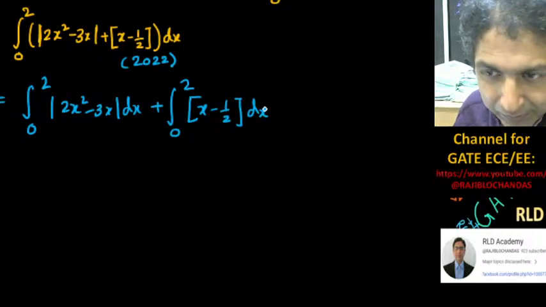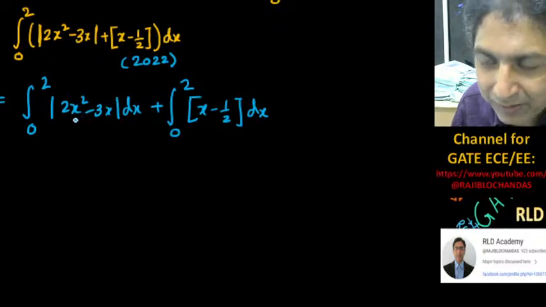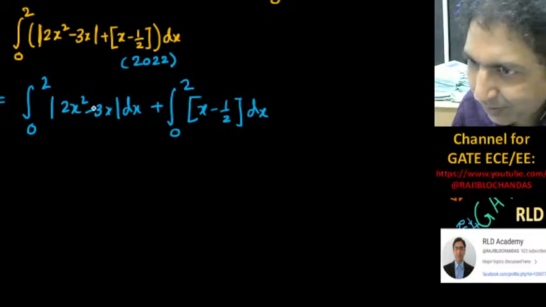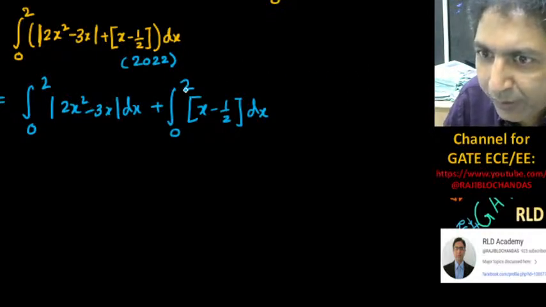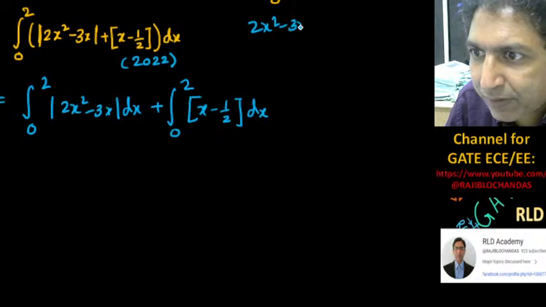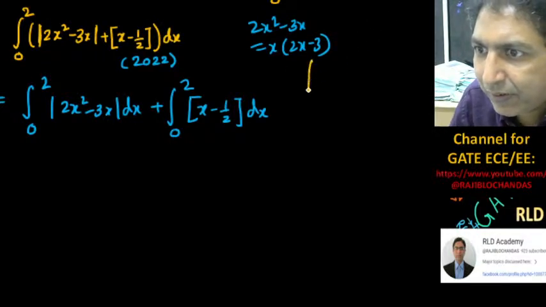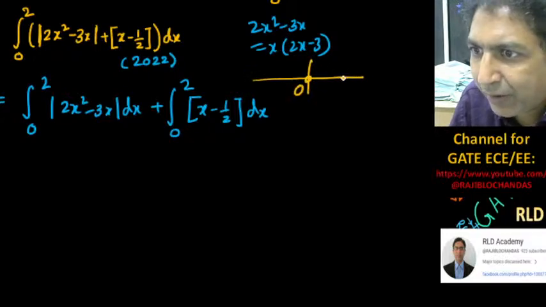Now how to take care of the first one? We need to understand when it will be 0, then you can go for the sign convention. So 2x square minus 3x, I can write as x into 2x minus 3. One point is 0 at x equals 0, the other point is 0 at x equal to 3 by 2.